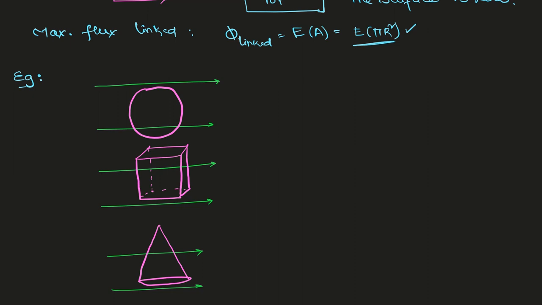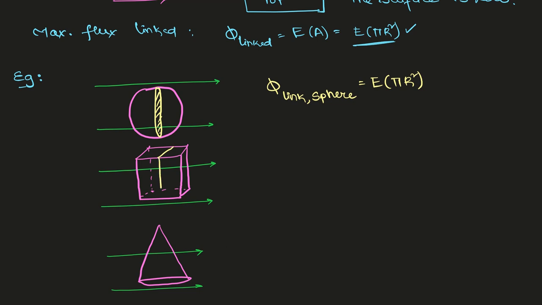So if they give it like this, the net flux linked with all these surfaces will be 0. But if they ask for the maximum flux linked with the sphere, the maximum cross sectional area will be a circle, so it is E into pi r square, where r is the radius of the sphere.